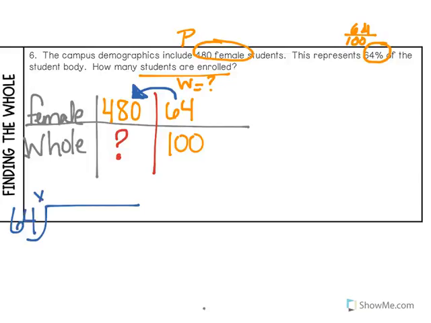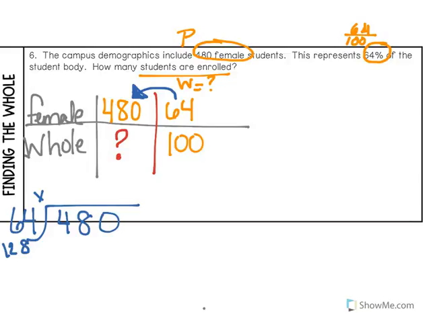64 times blank gives us 480. But I don't know my 64 facts, so I'm going to have to list them out. 64 plus 64 is 128.